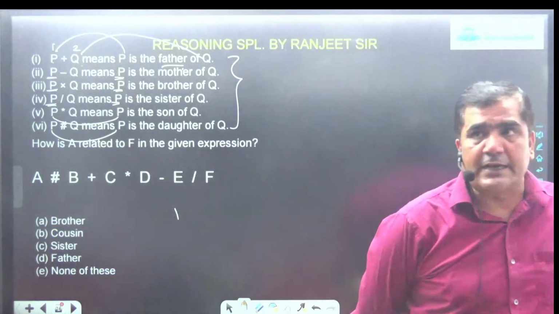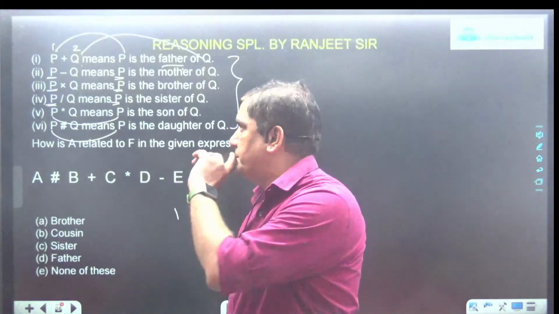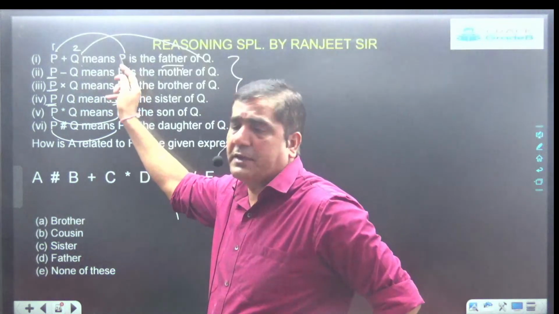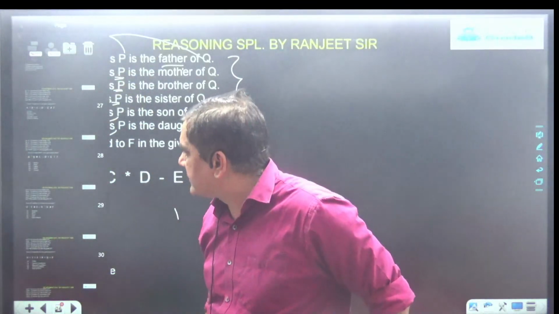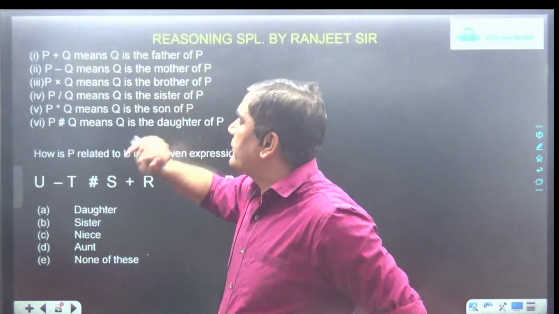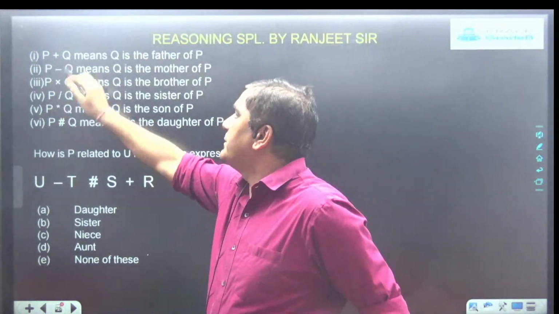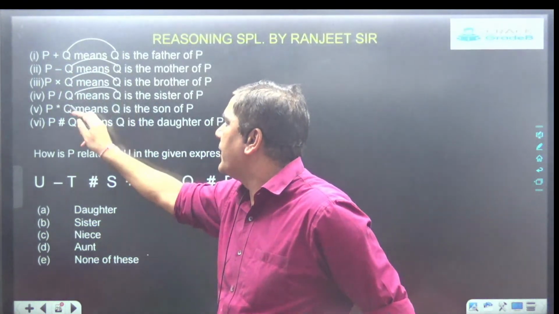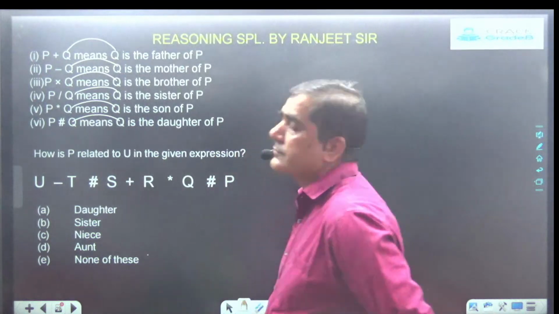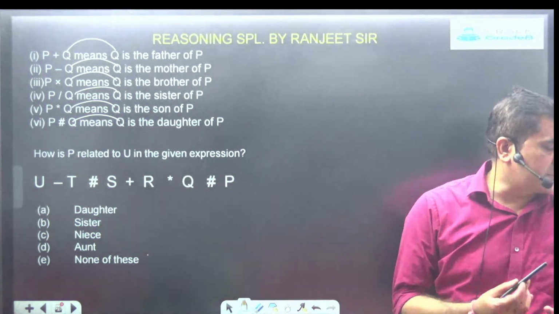In the exam, it can also be possible that the last person comes at the first place. For example, just see this one. In this direction, they have given P plus Q means Q is the father of P. So the last person comes at the first place. Clear? Two possibilities will be there.